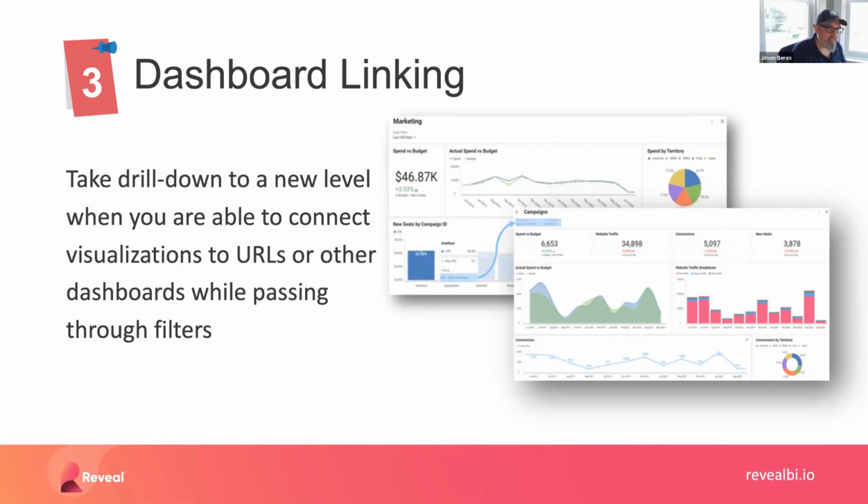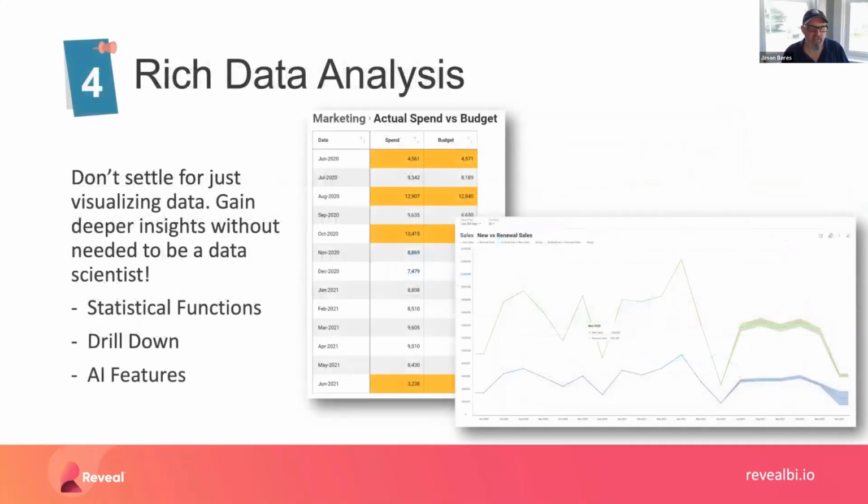The separate URL is interesting. Let's say you're looking at a chart of machines and you've got the machine name or machine ID and you're clicking there, and then you want to go off to some other third-party tool. Well, you can just pass the URL with that ID and go right into that other system to the correct page based on parameters passed from Reveal. So you have two options there for linking. Very powerful, much asked for feature.